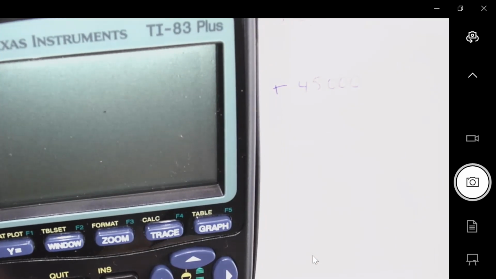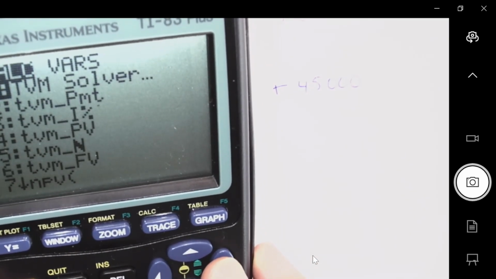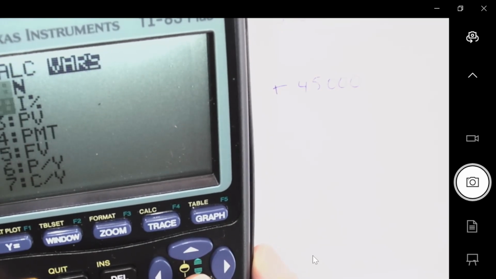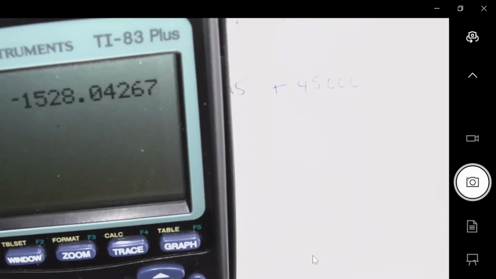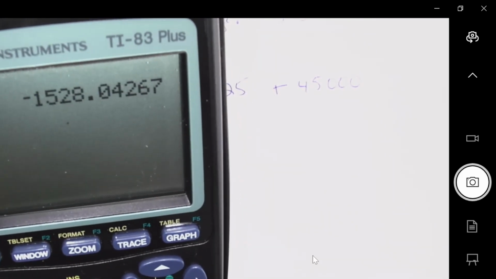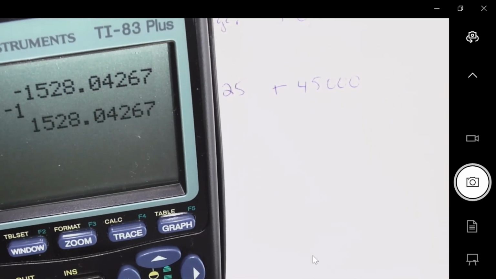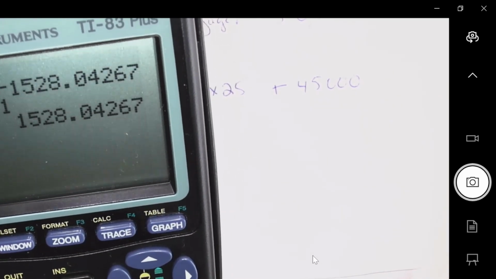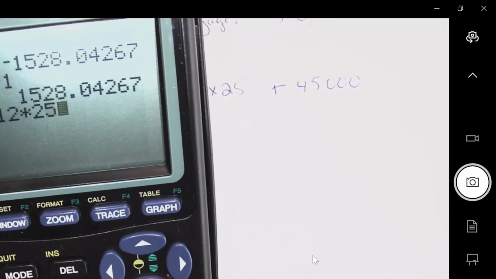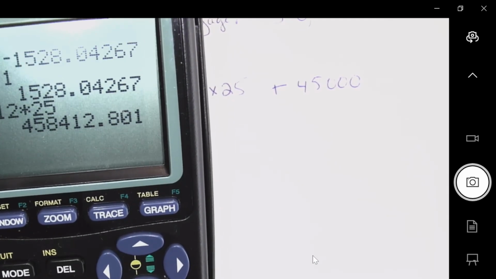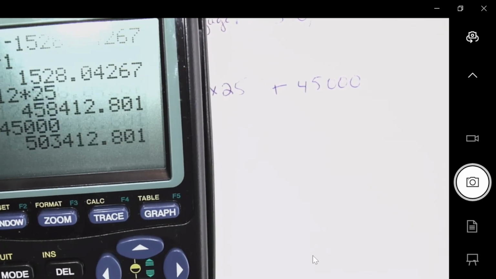You go on your home screen, apps, financing, and then over to the VARs. And then you can copy and paste it and enter it. So there, I copied it. For me, I always just quickly times it by -1 because I don't like that it's negative on there. Times 12 and 25. And then I'm going to add the 45,000.